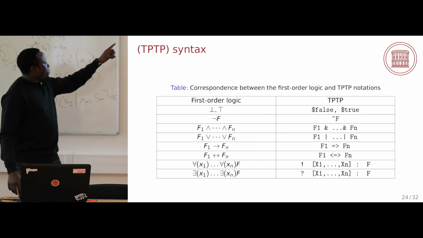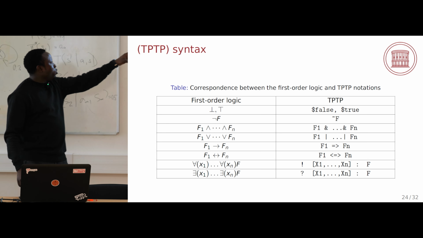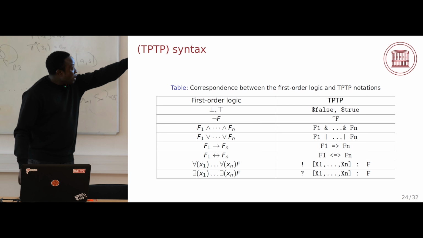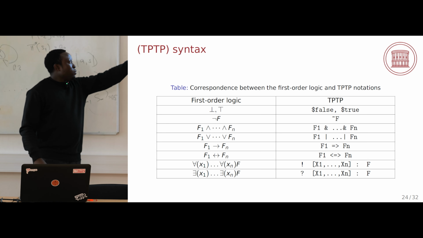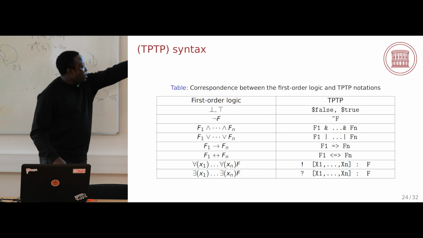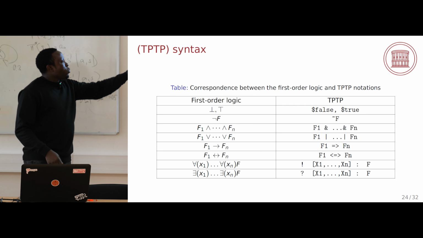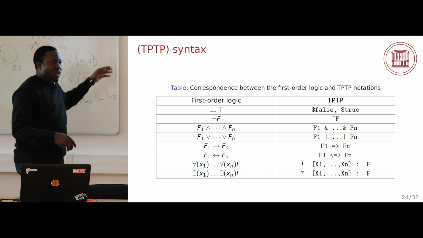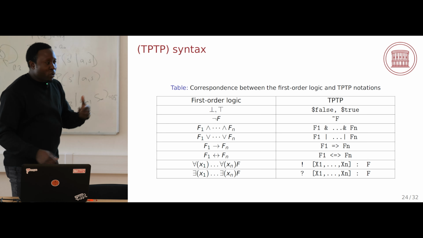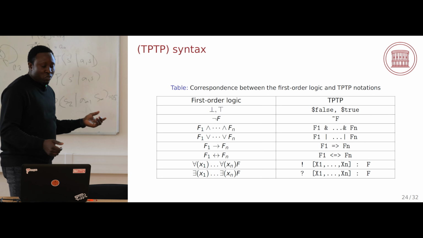For the bottom class, we use this symbol with the false on it, and for the top level class, we use this symbol with the true on it. So with all these symbols, we're able to transform the axioms that we have discussed earlier, and then run them with a first order theorem prover.